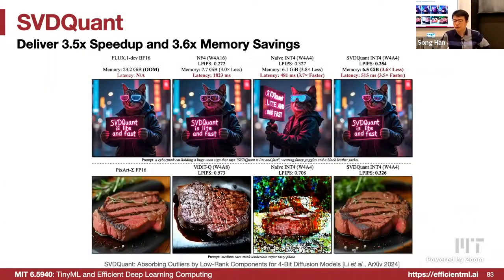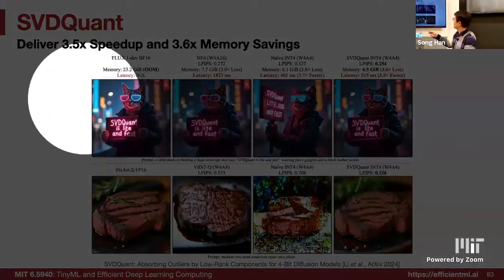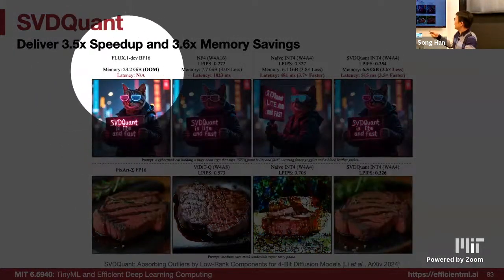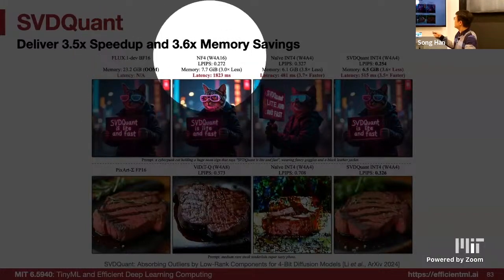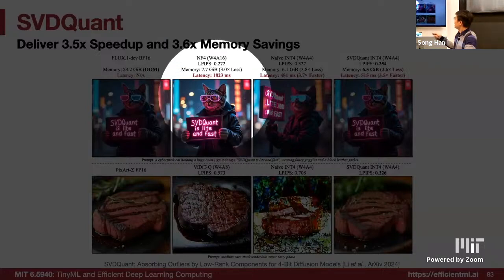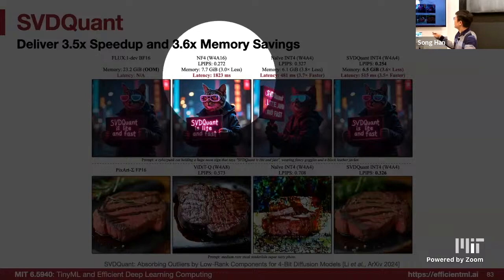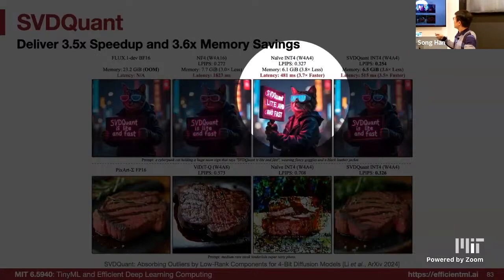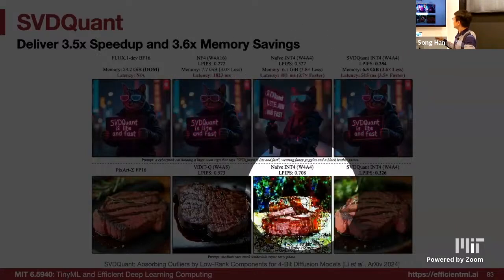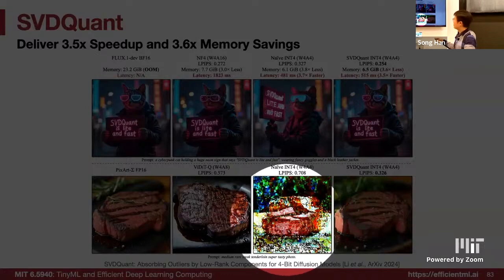So this is the visualization comparing against the baseline approach. It's out of memory on a 4090 GPU. This is NF4, very high fidelity, but it's still more than a second. It's pretty slow. Well, we can make it just half a second. This is the naive int4 quantization, so the quality is really poor.